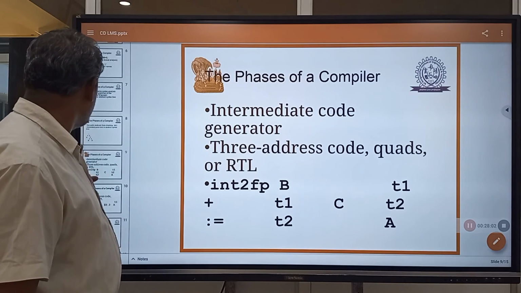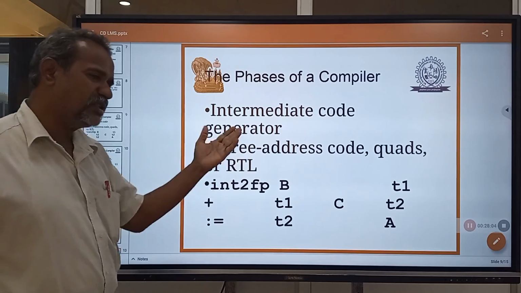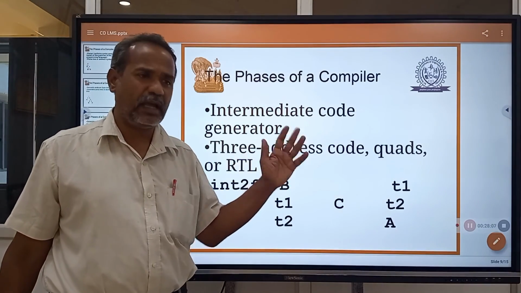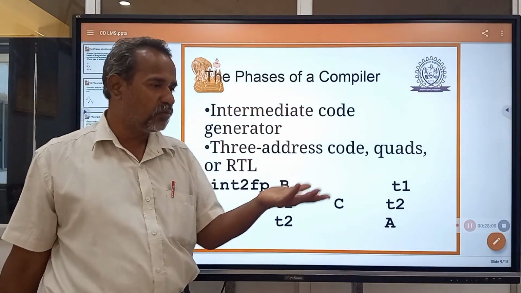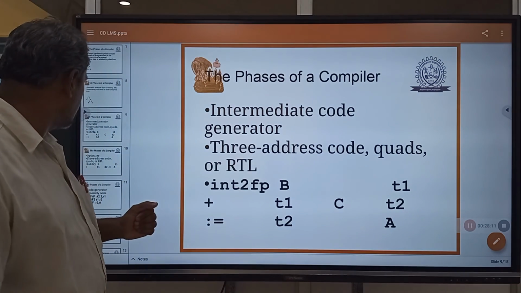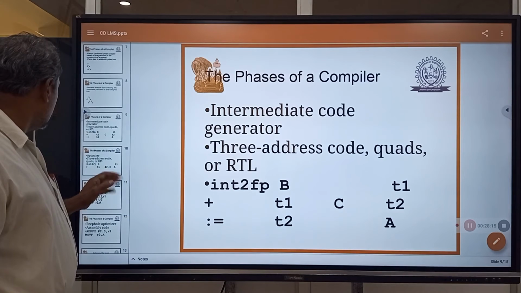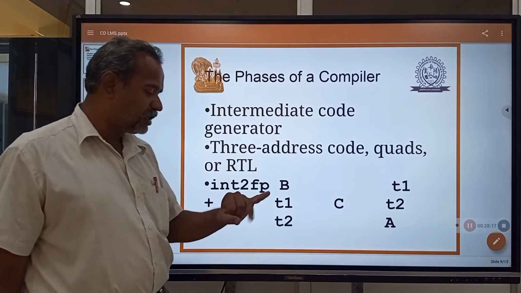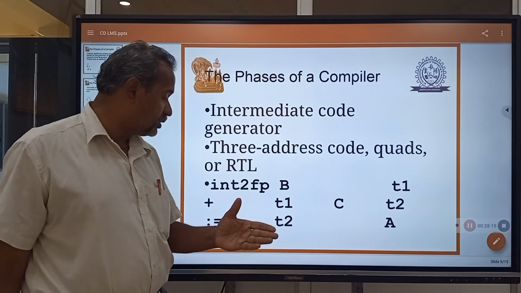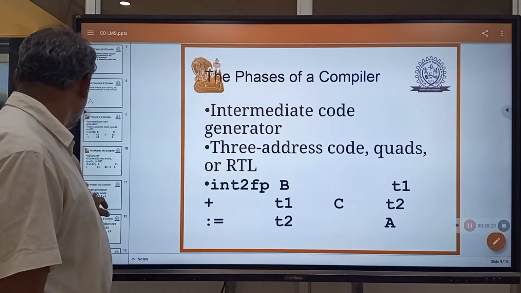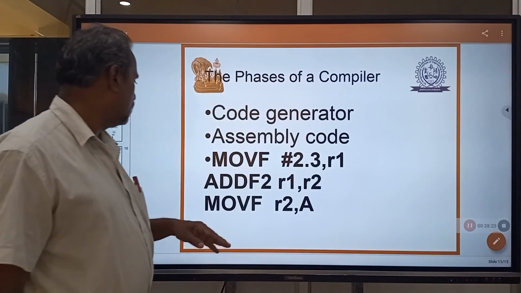Very simple. Just see initial equal to position into rate: we add multiplication and movement, floating conversion. That is the opcode instruction. What are the phases? Lexical, syntax, semantic, intermediate code generation, followed by the code generator. What is the code?